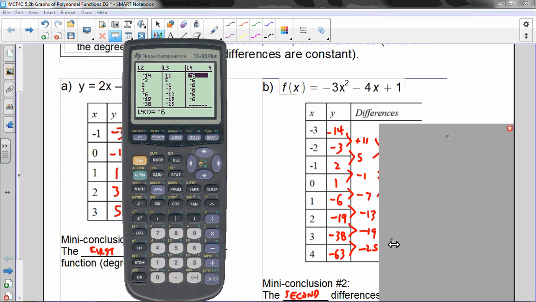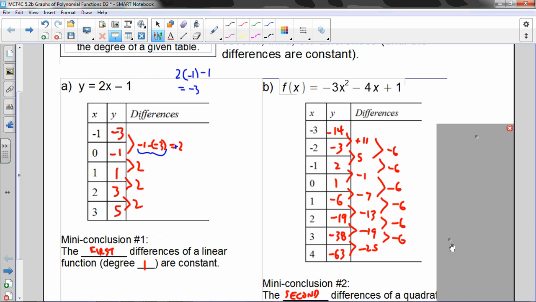And there they are, they're all -6, which is fantastic. Okay, so I'm going to write the steps for what I did there. I went second function, stat, to get to the list menu.